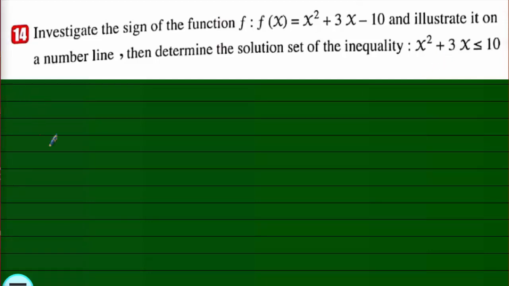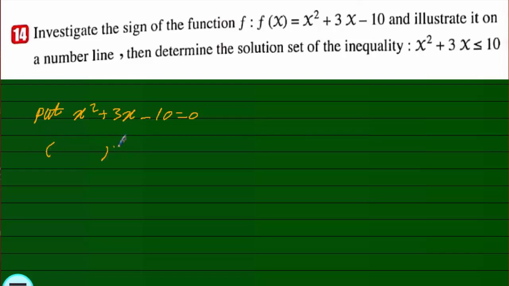So first put x squared plus 3x minus 10 equals 0, and we factorize it.